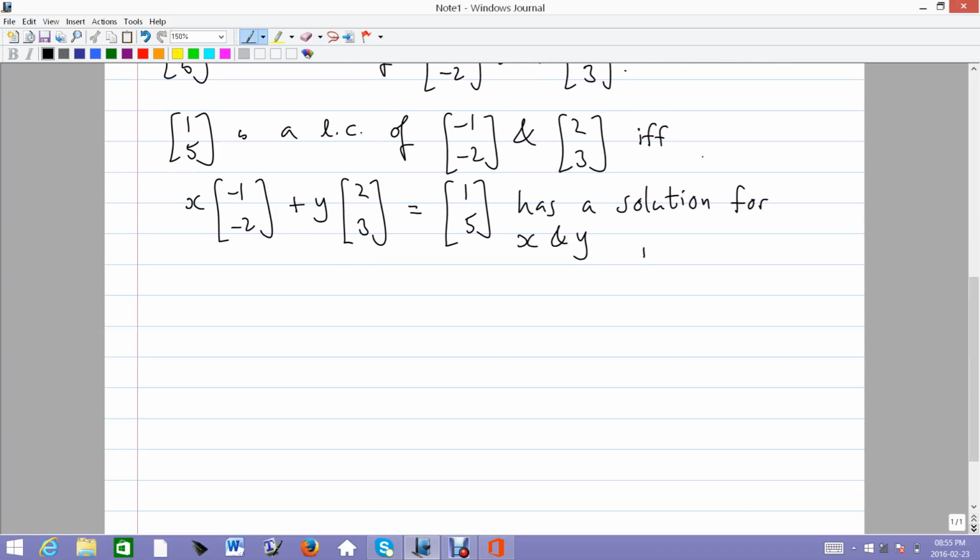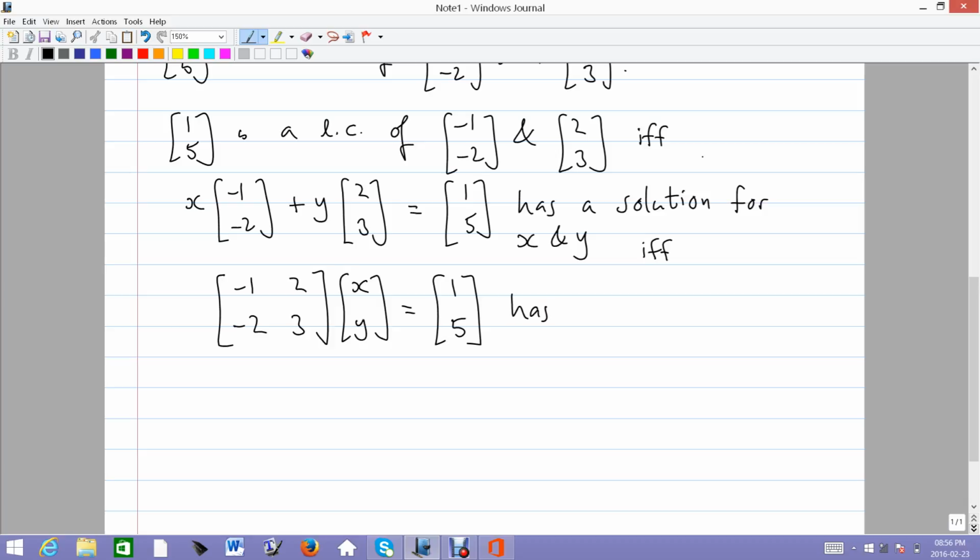And this in turn is equivalent to the matrix with rows (-1, 2) and (-2, 3) times the column vector (x, y) equals (1, 5) having a solution for the column vector (x, y).